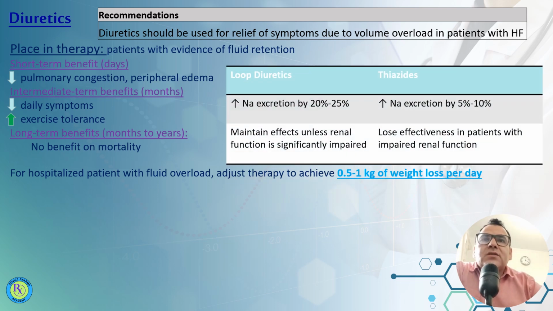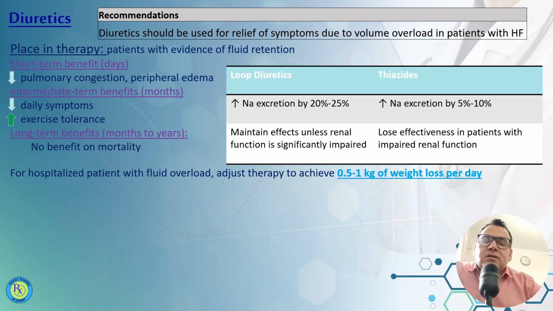From diuretics, there are two main groups: loop diuretics and thiazides. Loops are more potent. They increase sodium excretion by 20% to 25%. As long as sodium is excreted, water will be excreted with sodium. This is the principle of using diuretics. They can maintain effect unless the renal function is significantly impaired, like below 15 ml per minute.